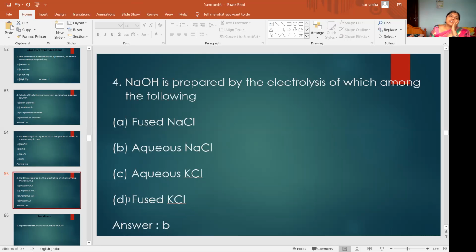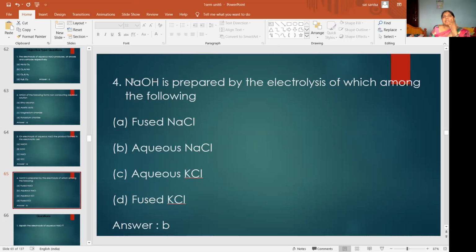If you do fused electrolysis, you won't get sodium hydroxide. We studied these two in the last class, fused NaCl, and in today's class we have studied aqueous. Here the question is reversed: by doing which solution's electrolysis do you get this product?